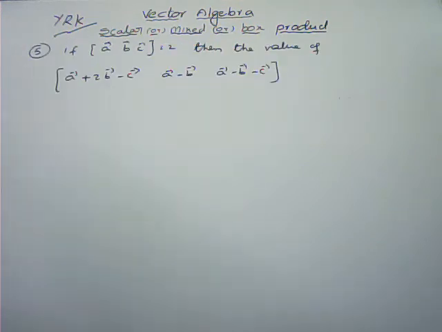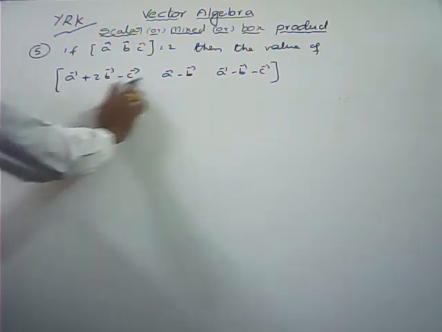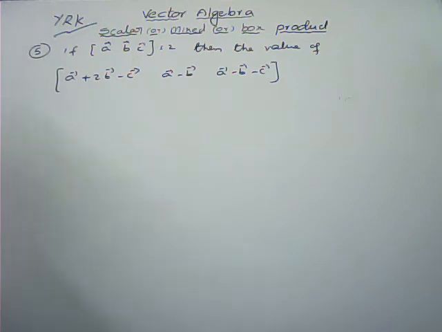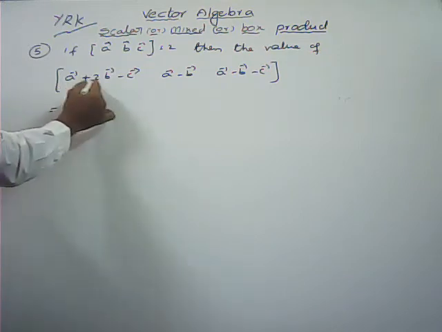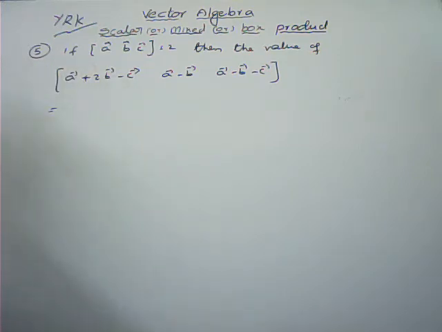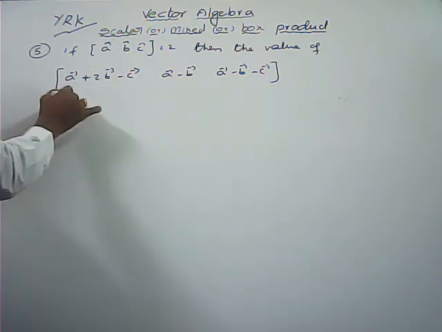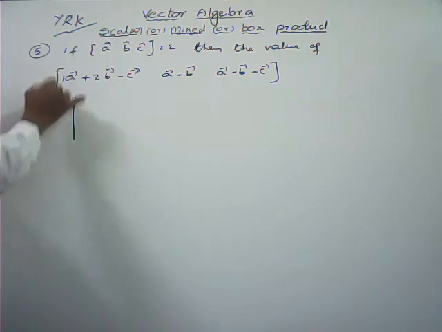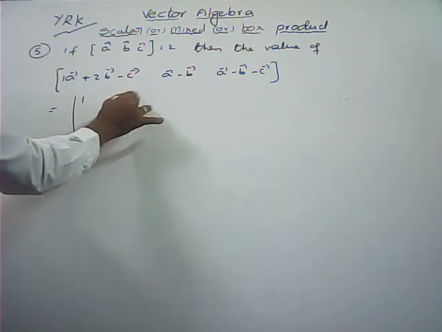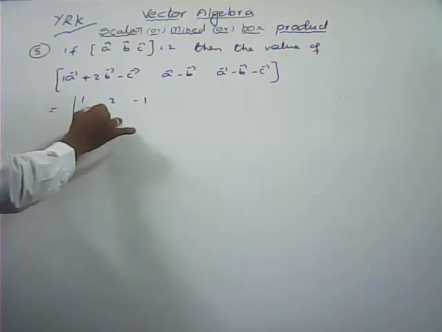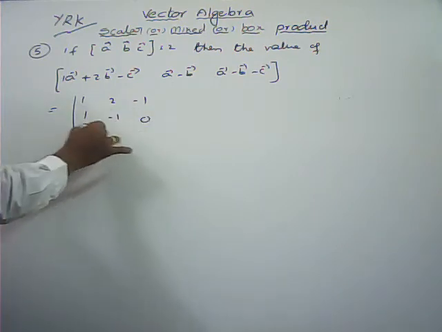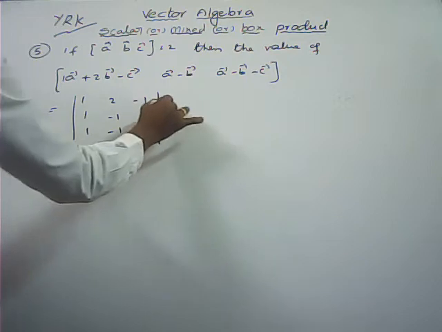Here box ABC equals 2, then the value of this one. Already, in the notes I have given the properties. Box of A bar plus 2B bar minus C bar, A bar minus B bar, A bar minus B bar minus C bar is equal to, here write down the coefficients: 1, 2, minus 1, 1, minus 1, 0, 1, minus 1, minus 1, into box ABC.